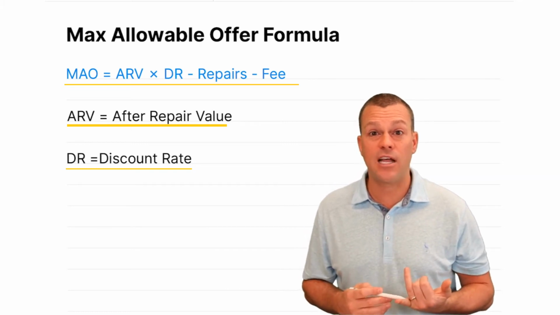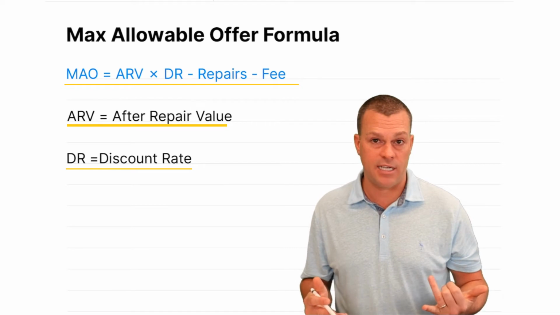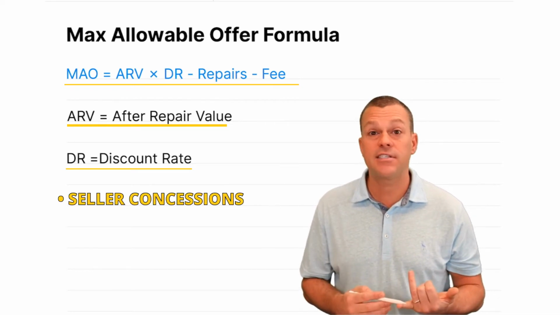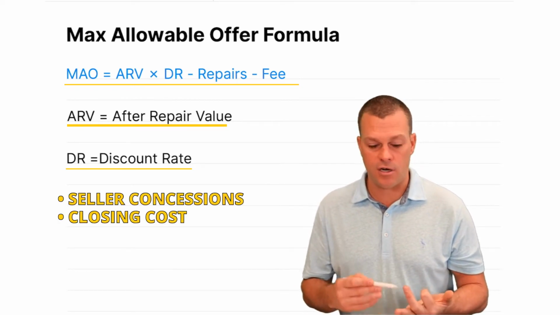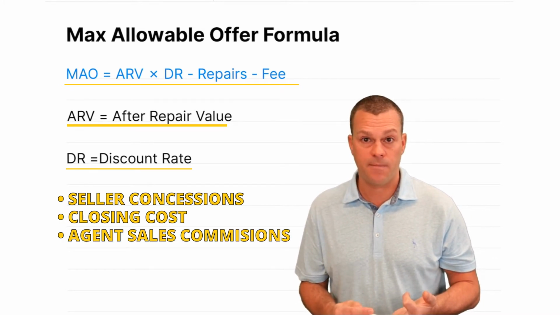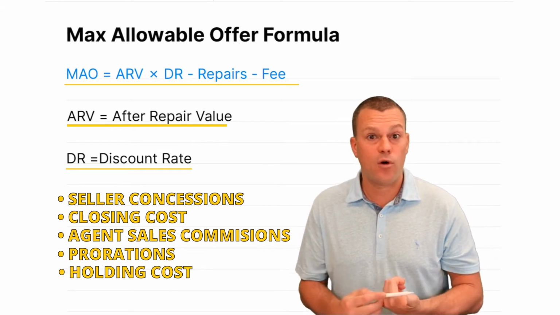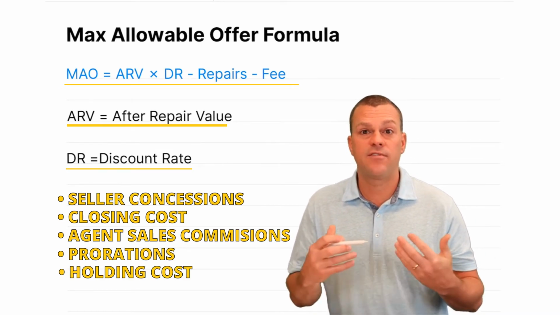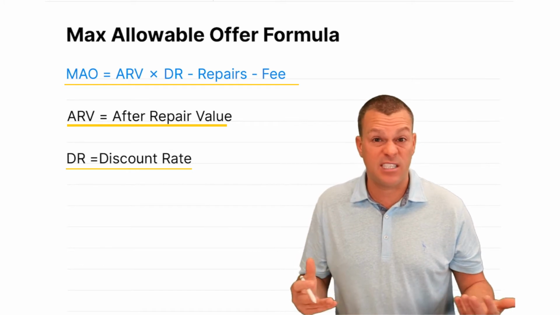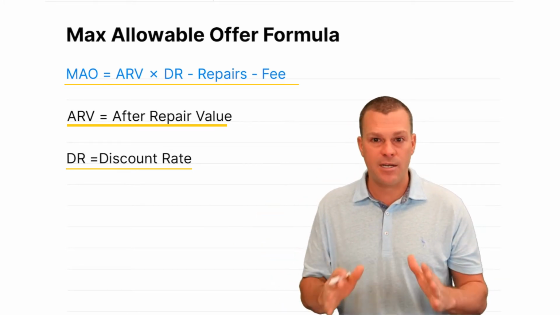The cost of selling a property is typically somewhere around 8 or 10%. All right, you're gonna have seller concessions, you're gonna have closing costs, you're going to have agent sales commissions typically, you're going to have prorations, you're gonna have holding costs. It's very expensive to sell a piece of property. It's typically at least 6%, typically it's closer to 10%.